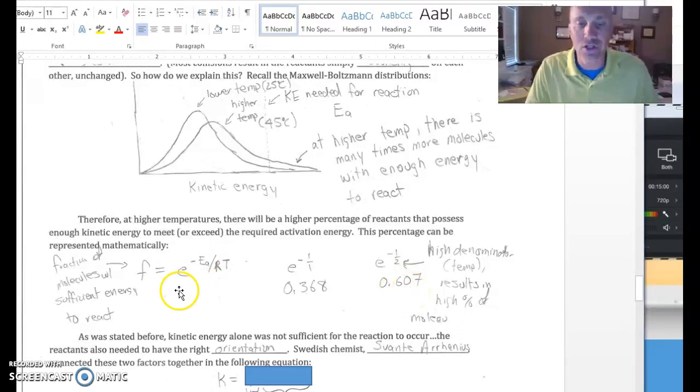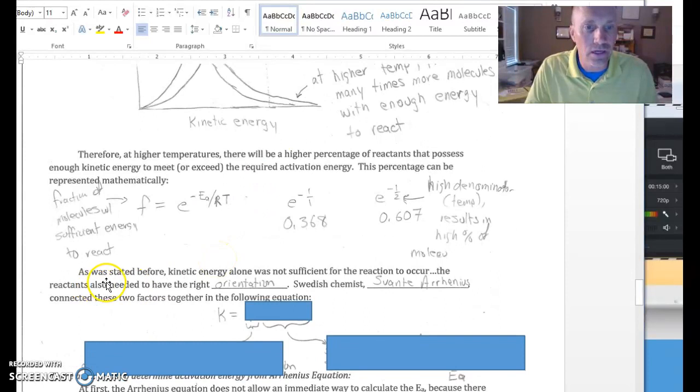That should make sense. We know that the higher the temperature, the higher the fraction that we're going to have above this certain line.